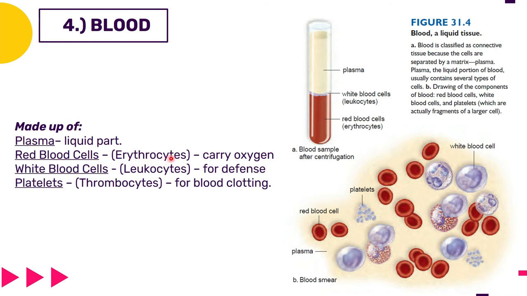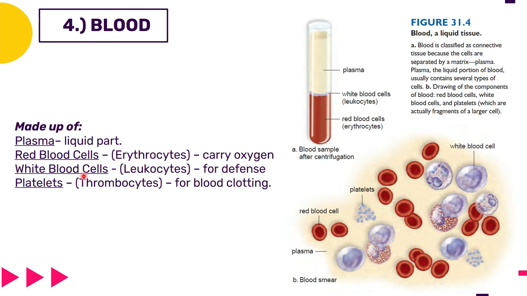Function of red blood cells, they carry oxygen. Okay, and then we also have white blood cells or WBCs, and another term for that is leukocytes. Leukocytes or WBCs have various types, okay? I will not mention the various types of leukocytes or WBCs.